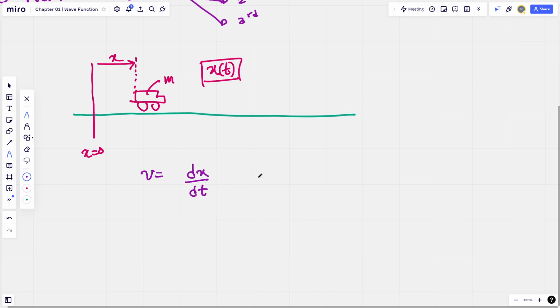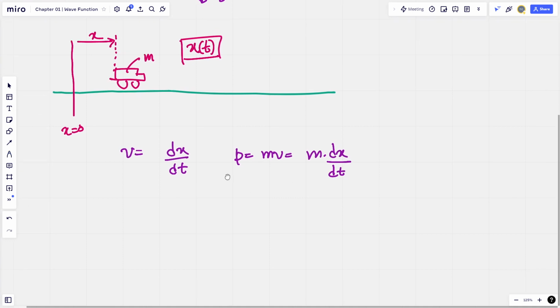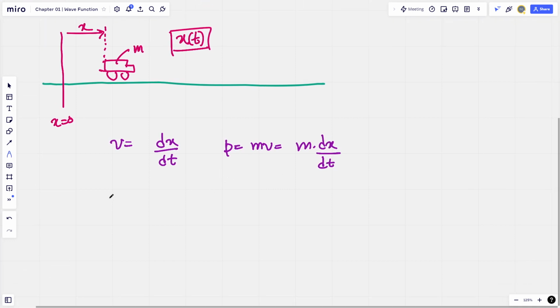Or if we want to find momentum, we can use mv, which means m times dx/dt, the first derivative of x. If we want kinetic energy, let's say E_k, it is half mv squared, right?